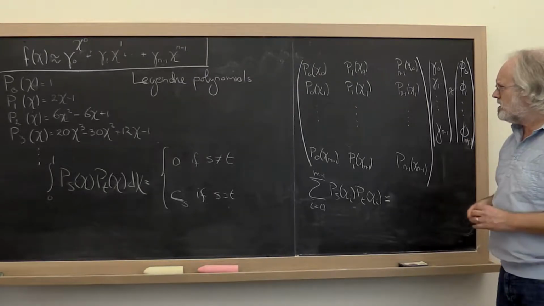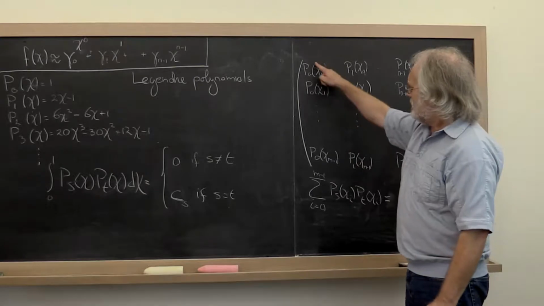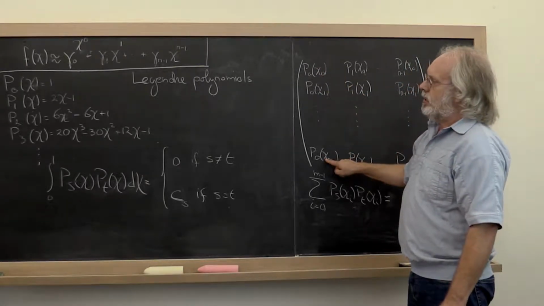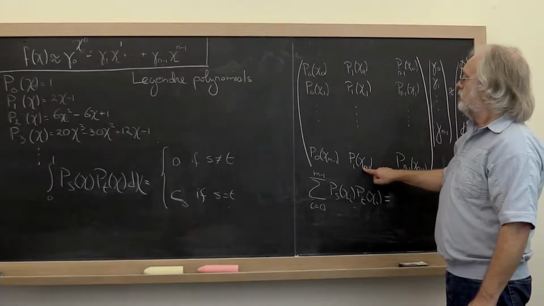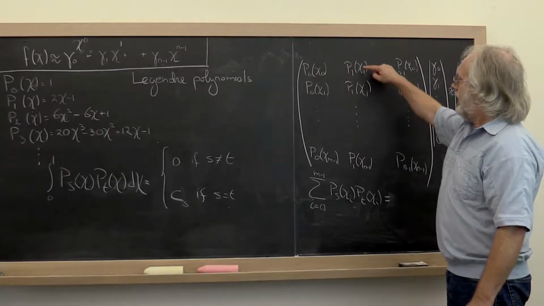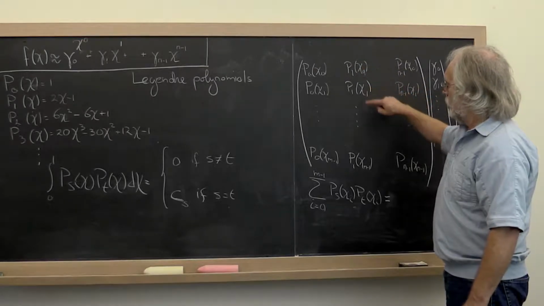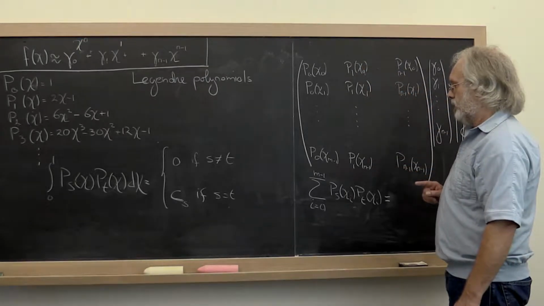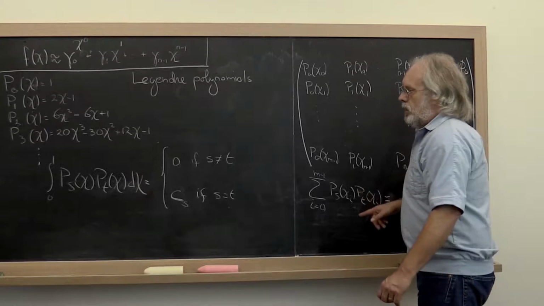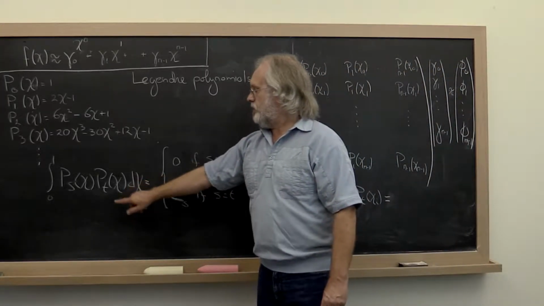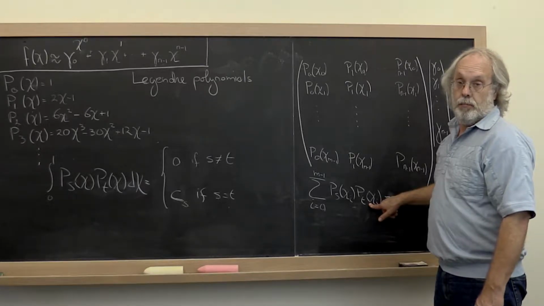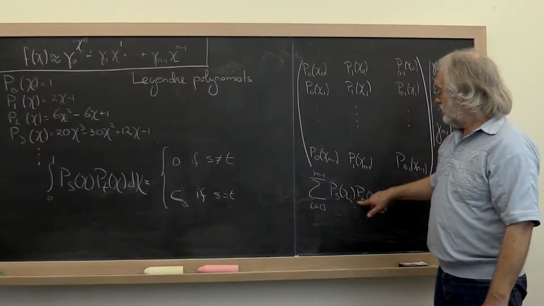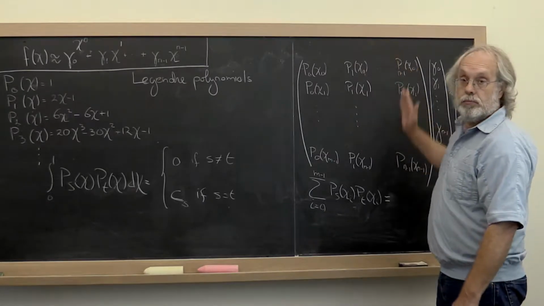Okay, now what's going on here? This here really is a sampling of the polynomial of degree 0. This is a sampling of the polynomial of degree 1 at points chi0, chi1 and so forth. Okay? The equivalent of this integration here, but now with these sampled polynomials, is to take the dot product of these columns.